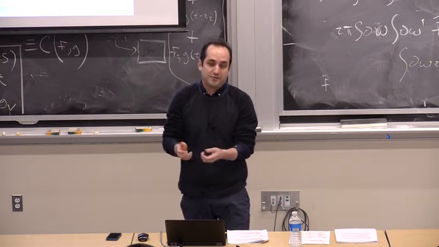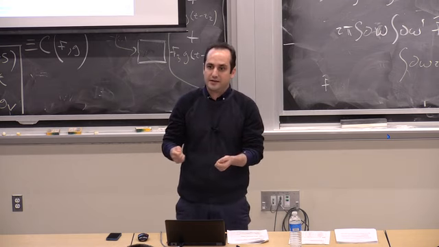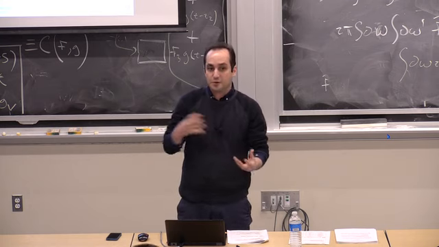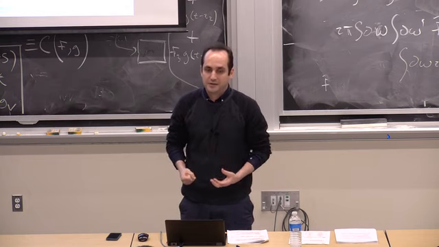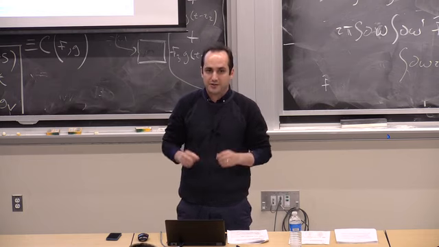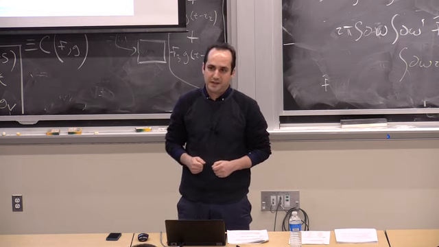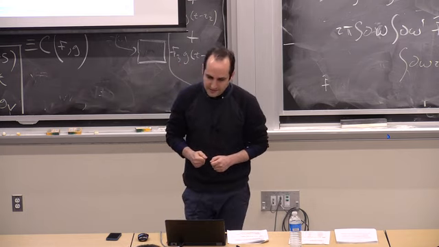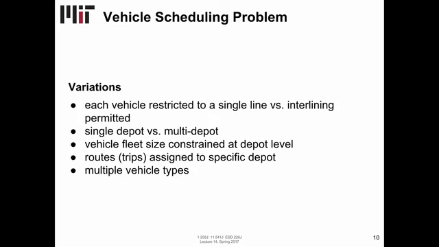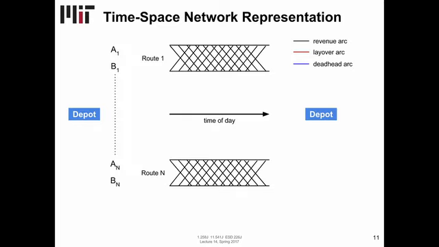If you have restrictions in terms of fueling facilities in these depots, you may want to return the vehicles to the particular depots that are consistent with the fueling system. There are different considerations related to vehicle types and parking spaces at the depots, and that makes the problem more complicated, but we can make some simplifying assumptions for now and see how the problem looks in its most basic form.